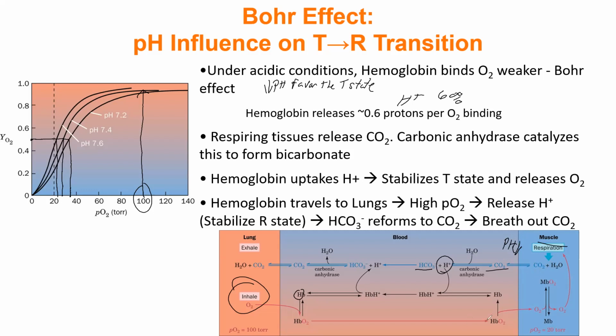So hemoglobin will come around your muscle, and this proton will bind to hemoglobin. And the Bohr effect, when you're in low pH, you don't want to be bound to oxygen if you're hemoglobin. So in this area of low pH, hemoglobin releases oxygen, which is perfect because the muscle is working very hard. It needs oxygen to continue aerobic respiration.